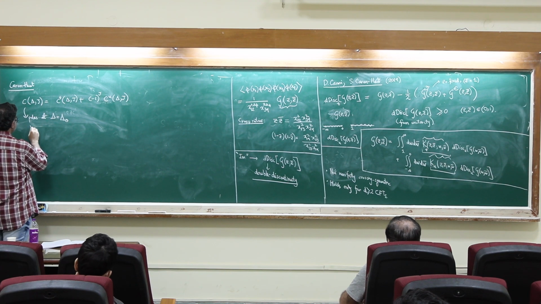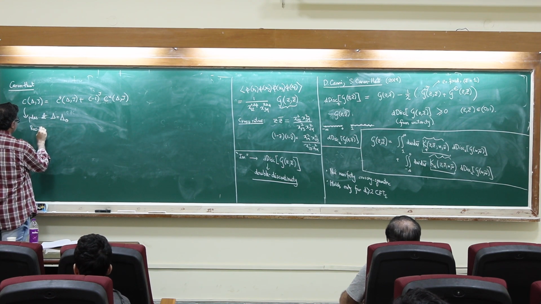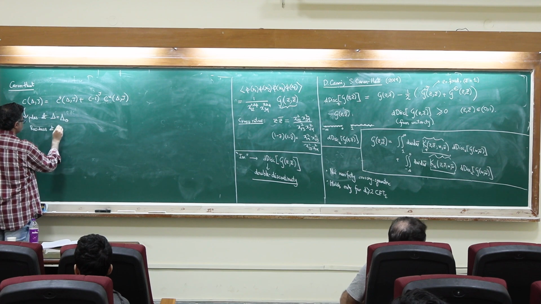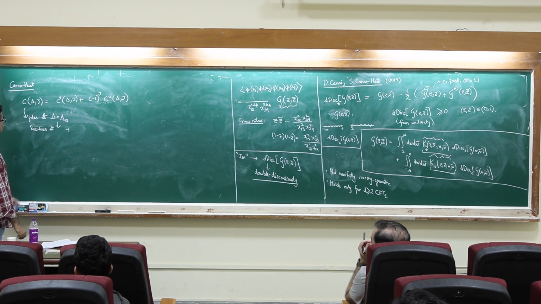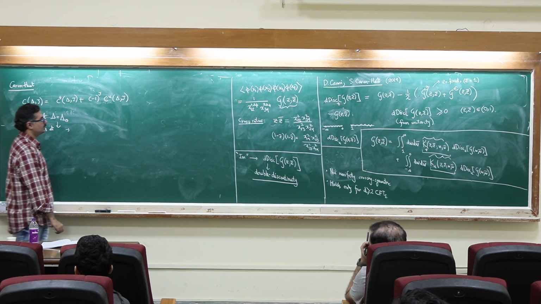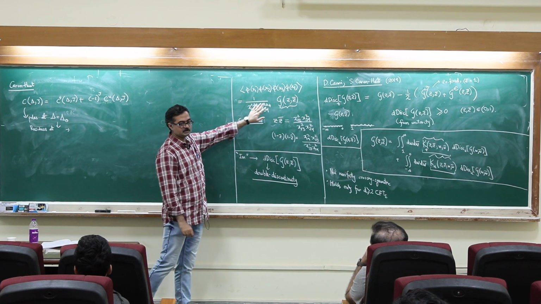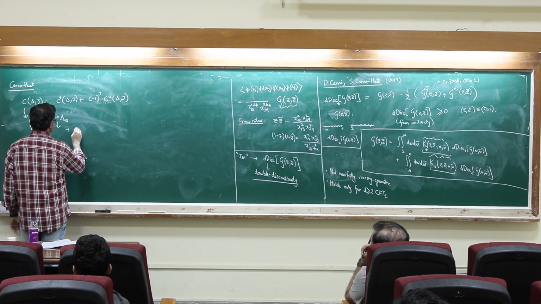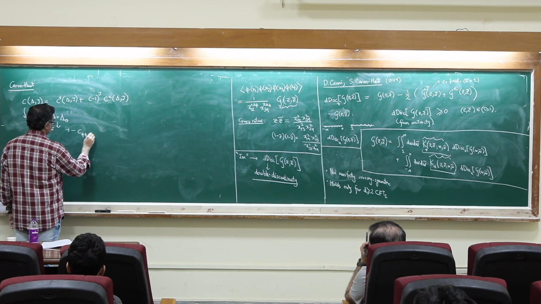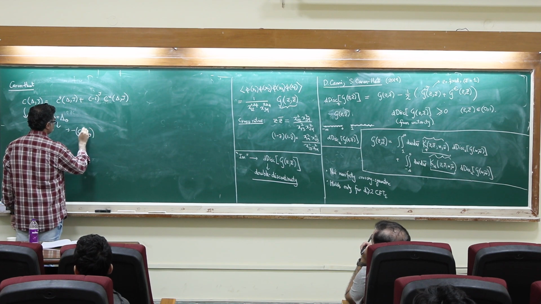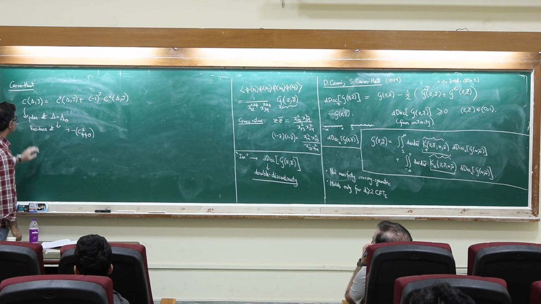And the residues at these poles are equal to the OPE coefficients squared which appeared in the conformal block decomposition of this object. There is actually a minus sign, so the residues at these poles are minus the squared OPE coefficients.